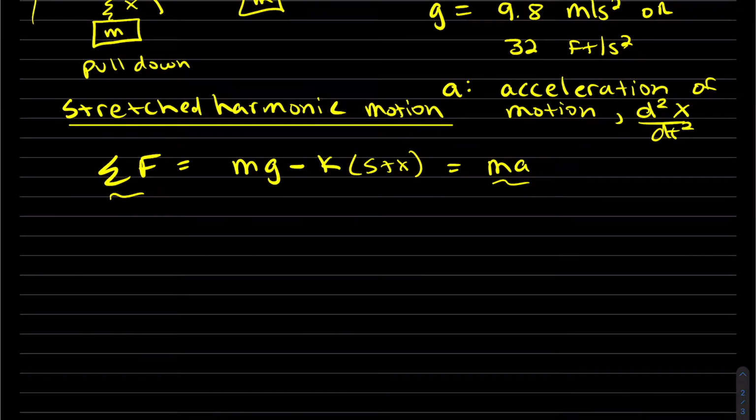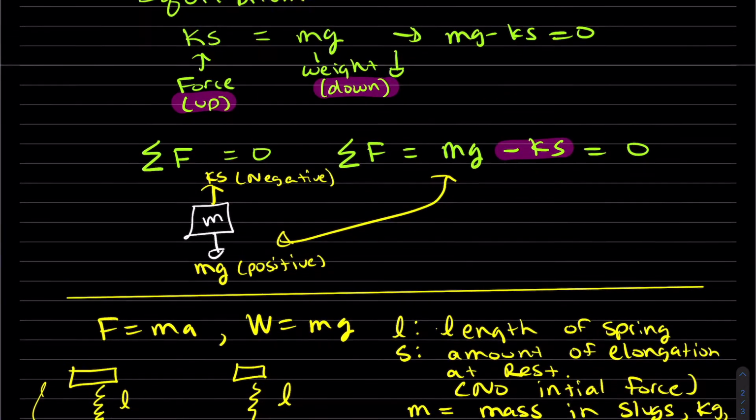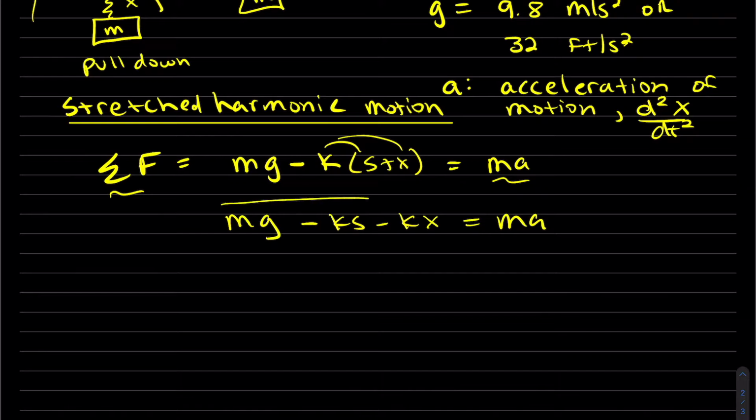Let's write this equation out on the right: mg minus, distributing, Ks minus Kx is equal to ma. And remember, mg minus Ks is 0. So this is basically 0, equilibrium. It's from equilibrium.